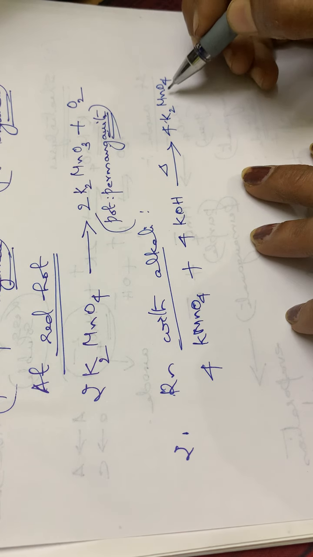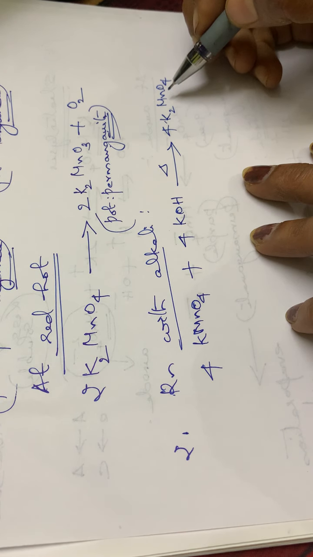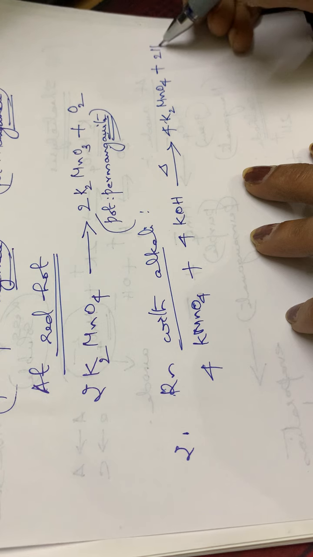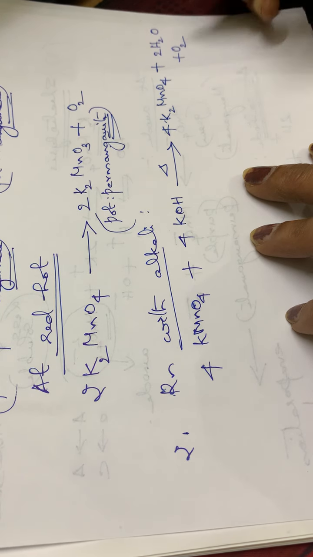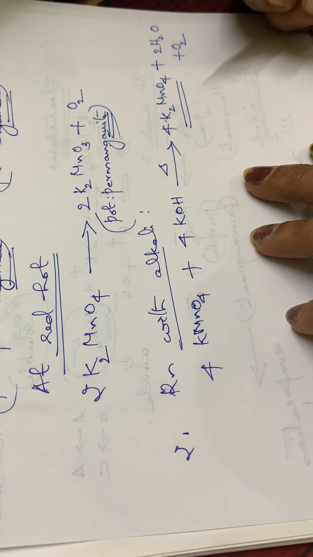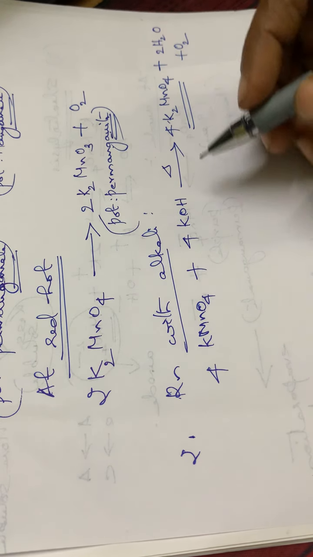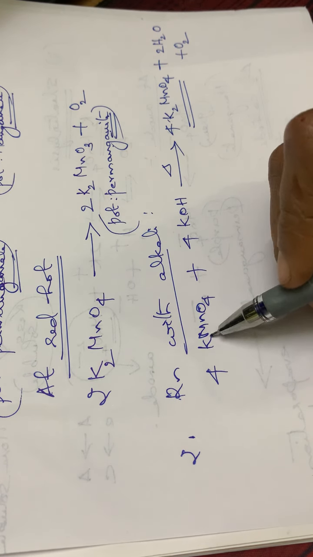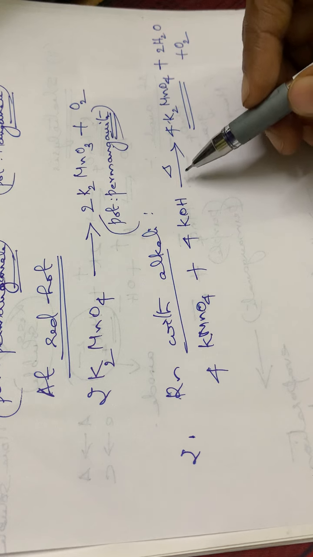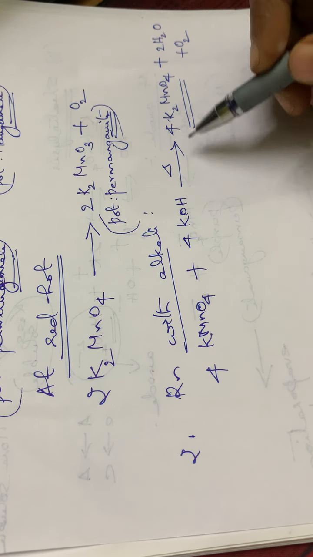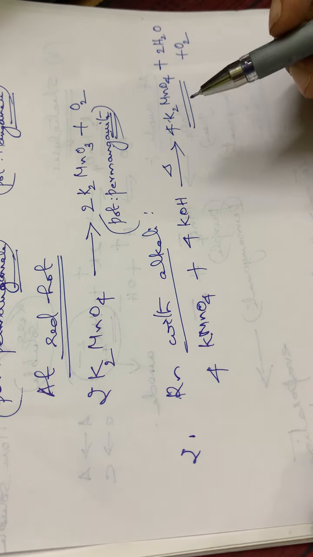Again we are having potassium manganate, isn't it? K2MnO4 plus 2H2O plus O2. Okay, so this is the reaction with alkali. This permanganate will be reacting with alkali to give potassium manganate.